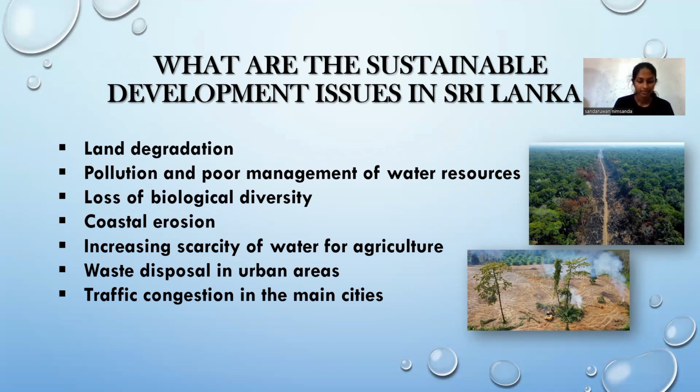First one is land degradation. Land degradation in Sri Lanka is primarily due to conversion of other land use types, increased use of land, pollution, and poor management of water resources. Sustainable water resource management has become a factor of the social and economic development of Sri Lanka, which favors seasonal variation and competition among water users.